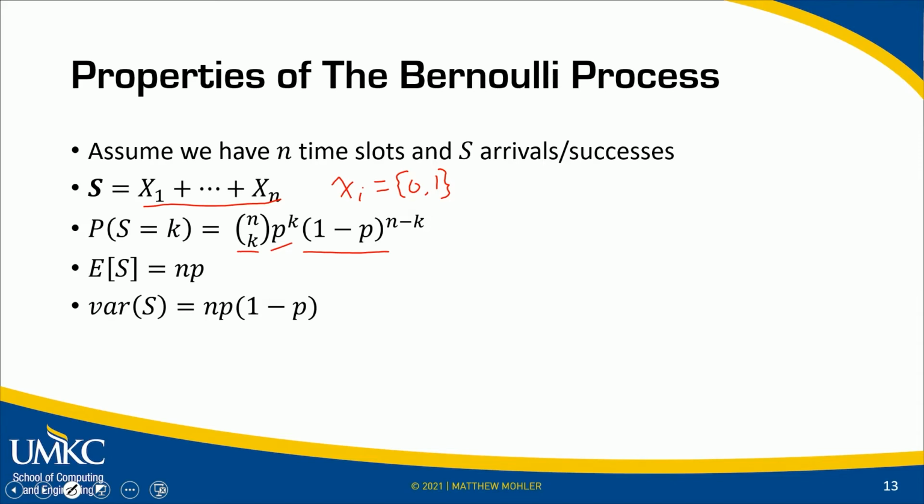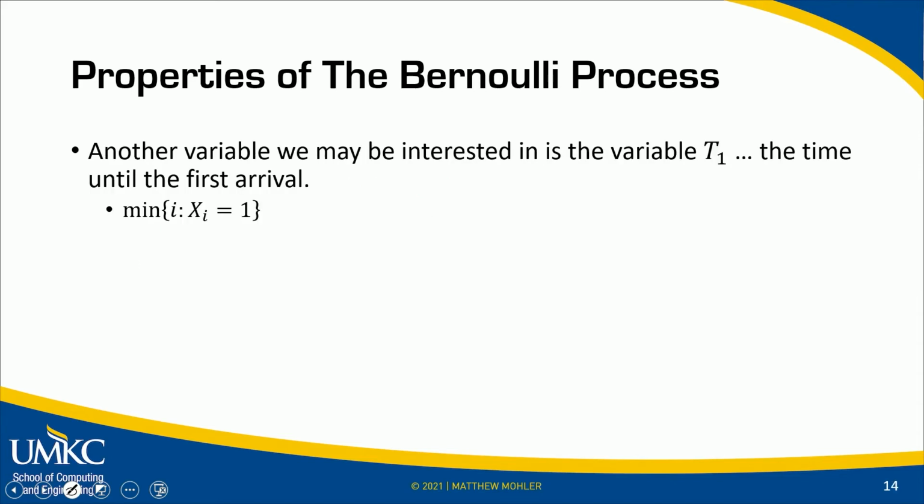Now, another variable that we might be interested in as part of this Bernoulli process is the variable t sub 1, where t sub 1 is ultimately the time until the first arrival. Another way to look at that is saying, what is the minimum value of i where the ith random variable is equal to 1? In a given Bernoulli process, you may have multiple 1s that occur, but what is the minimum value that occurred in a specific set?